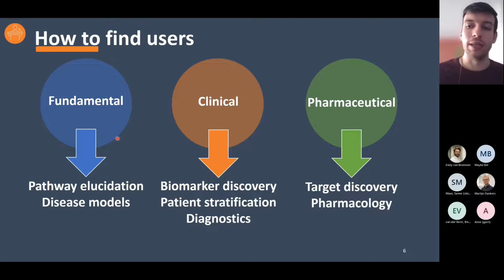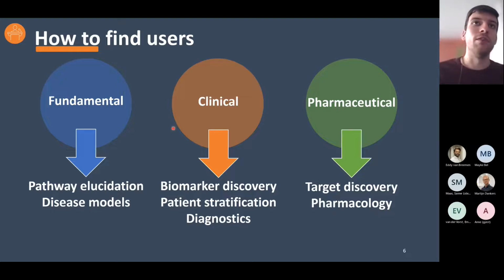Next to this, they also attempt to understand pathophysiology using different disease models. So these are generally model systems. You can think about model cell lines or model animal models. And these are typically quite small experiments. So these are maybe one-run experiments where you use 3 chips and just a couple of conditions. So the sample size is pretty small.